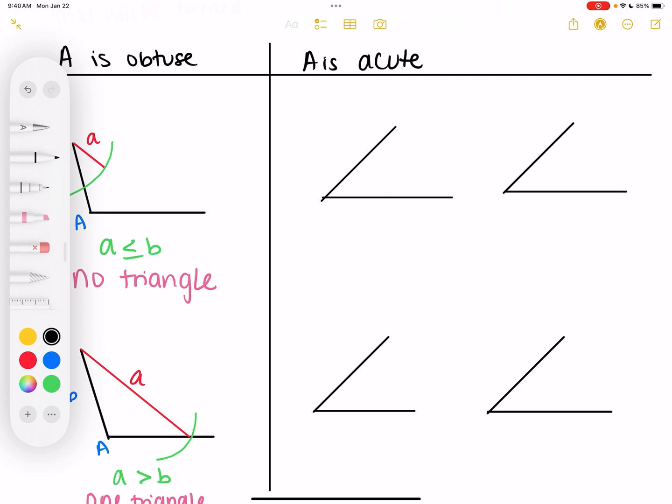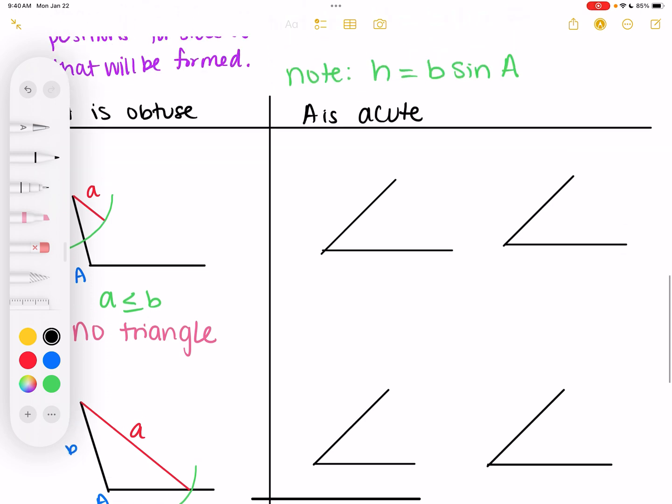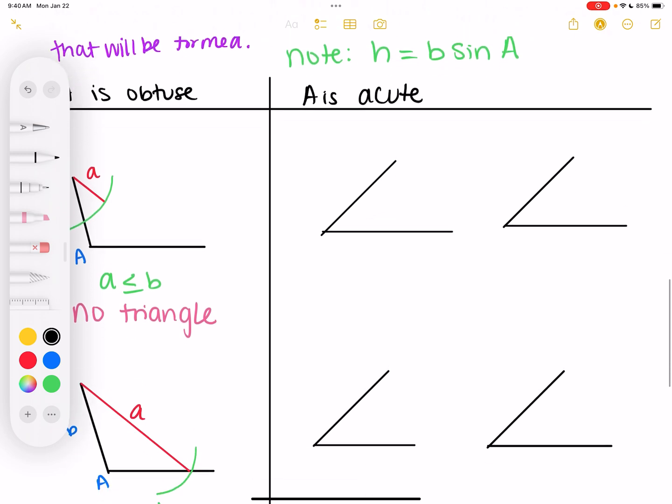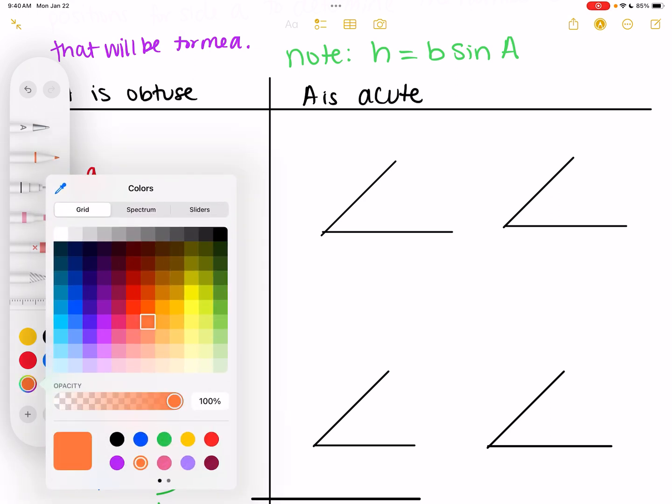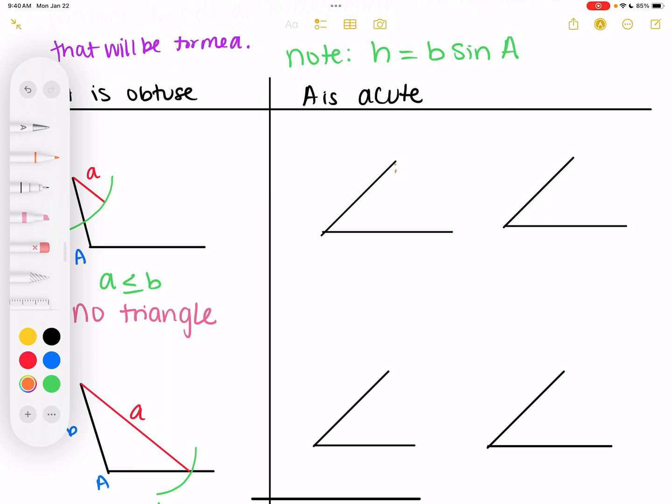In all of these, you're probably wondering where that H comes into play. H comes into play on the acute ones. H is the height here, like when we've done area problems for triangles in the past.